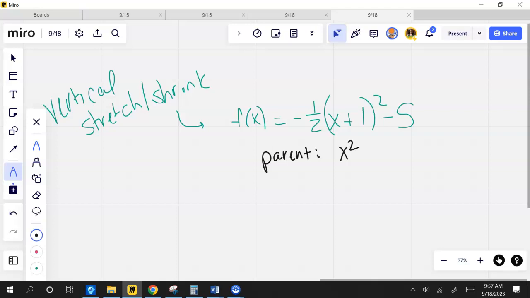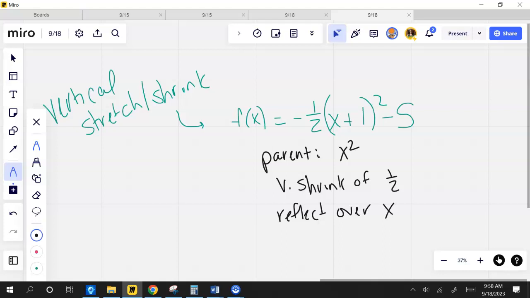What kind of shrink? A vertical shrink of 1/2, that's right. I want to always include that factor there because that tells me a lot of information, right? What else is happening? Reflect over what? Over x. How do you know it's over x and not over y? It's outside. It's in the front. That tells me it's over x.